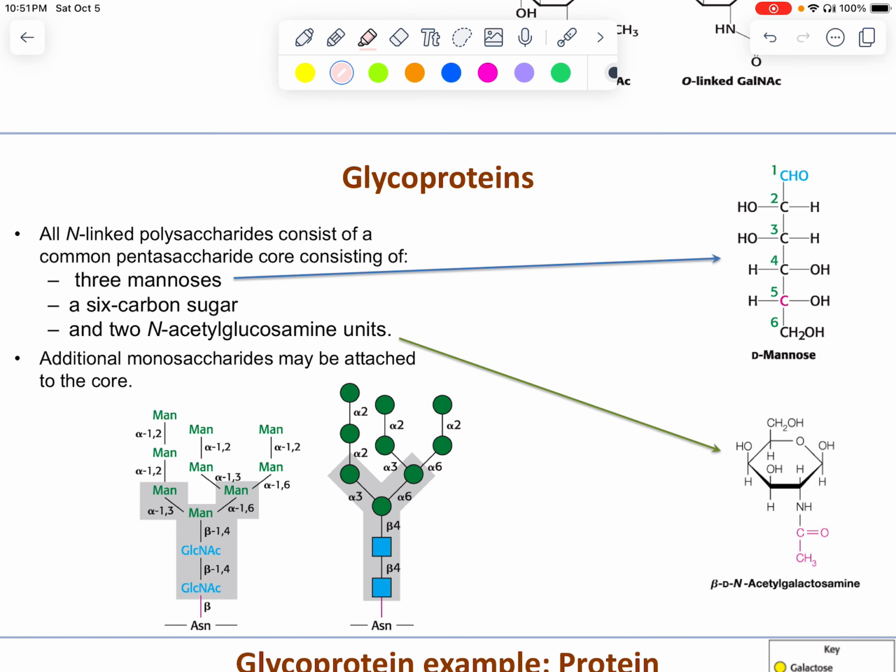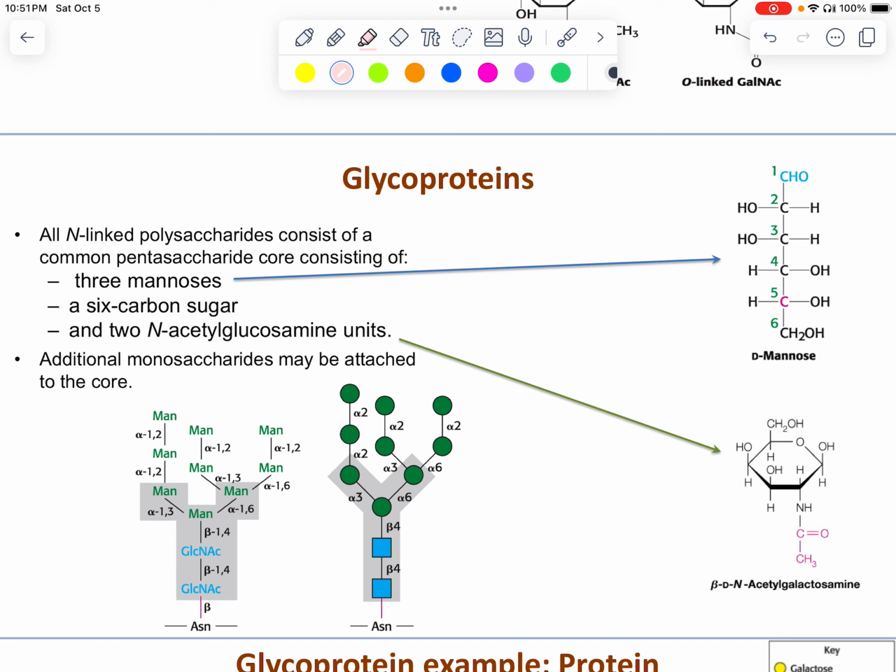So as we talk about the glycoprotein, all N-linked polysaccharides consist of a common pentasaccharide core. Think about that, pentasaccharide, a 5-sugar core that consists of 3 mannose. So that was on one of our slides from last time. Not something you need to memorize, but it's a 6-member sugar. And then 2 N-acetylglucosamine.